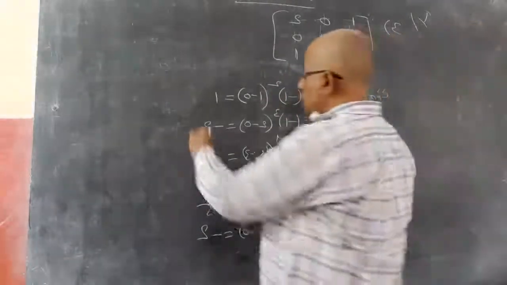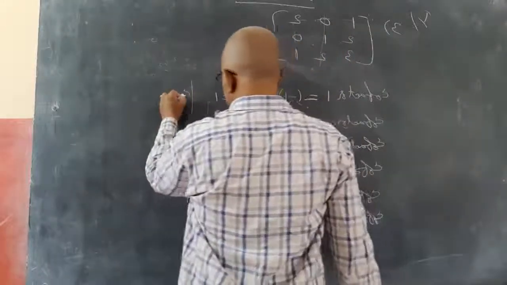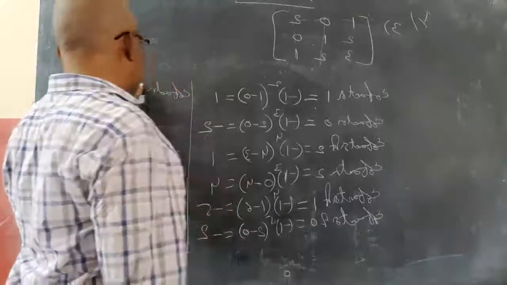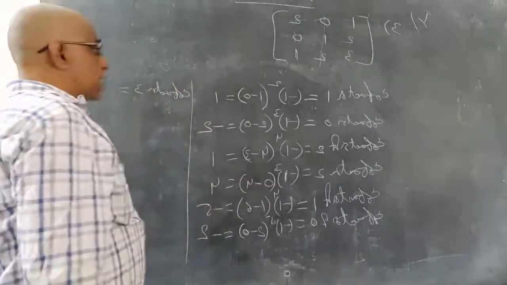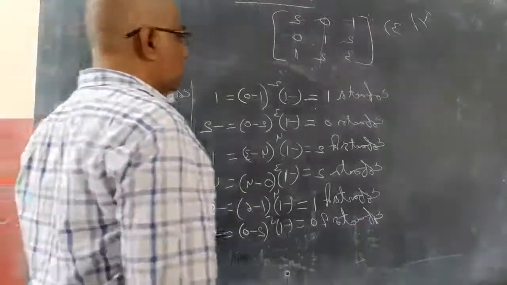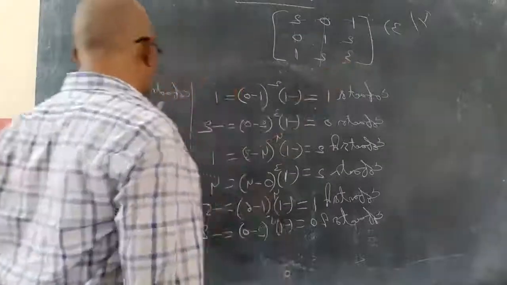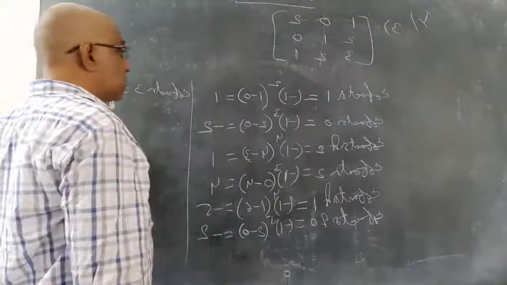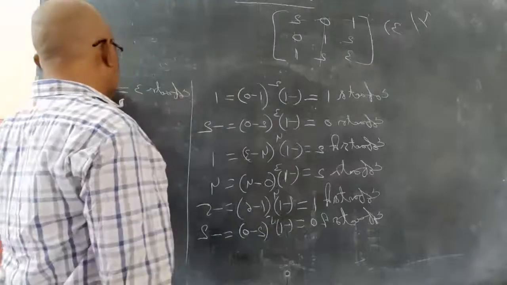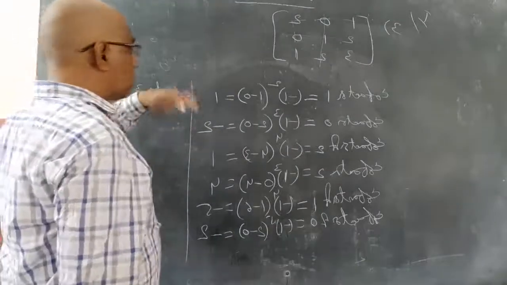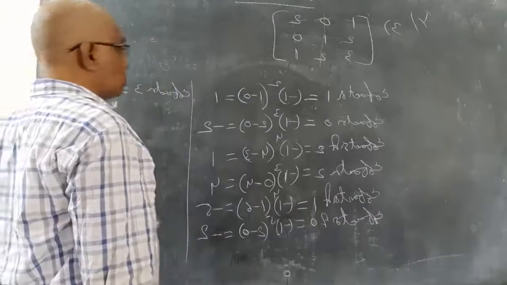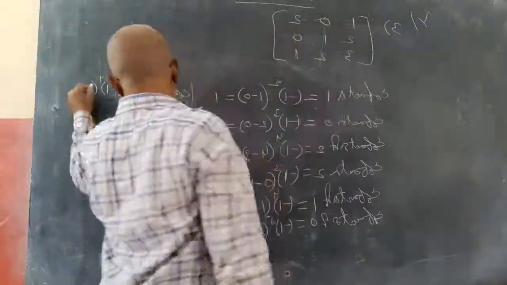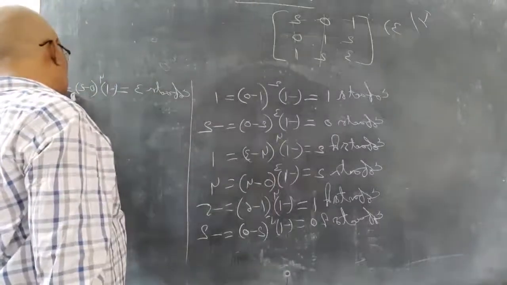Next is the third row. Cofactor of 3 equals -1 to the power third row, first column, power 4, into closing this row and this column. Left out is 0 minus 2, so it becomes -2 only.